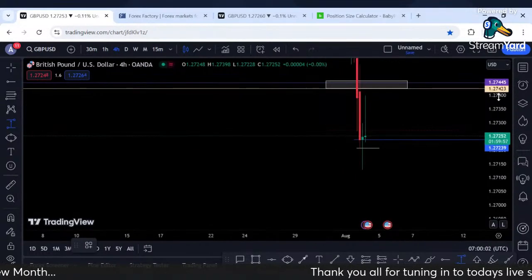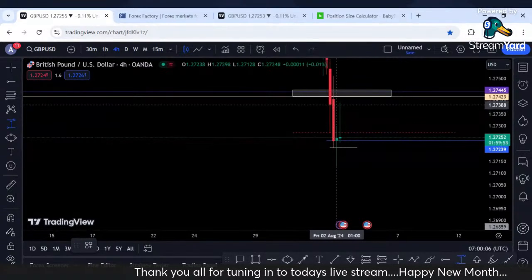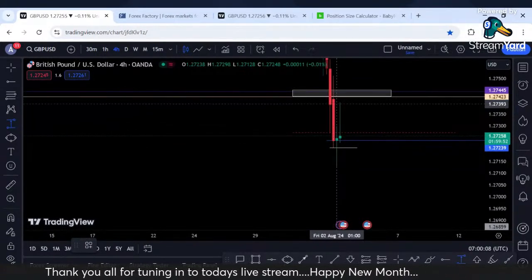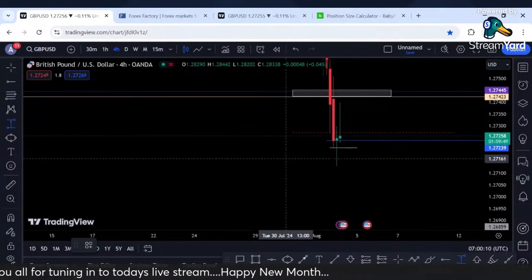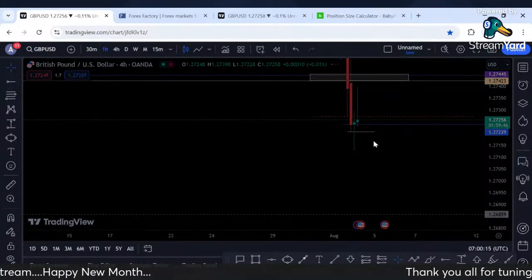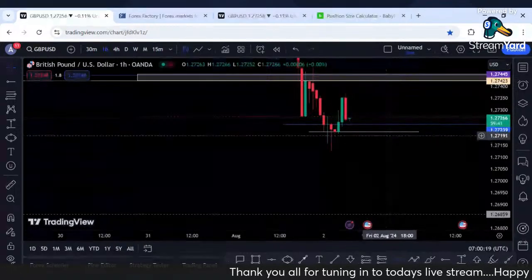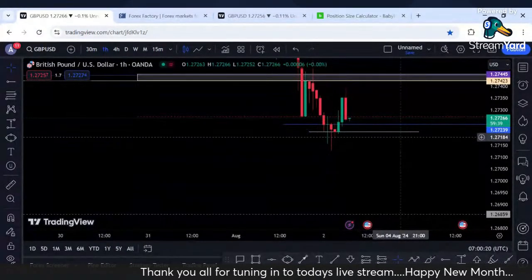Yesterday night during the Asian session, the market really moved very high. Supposing it consolidated over here, you would have gotten an entry. But the way I would prefer is to wait for this candle to close.